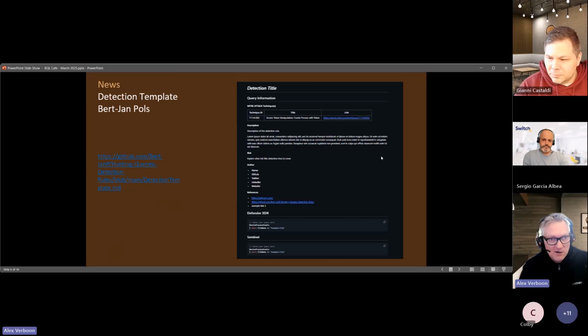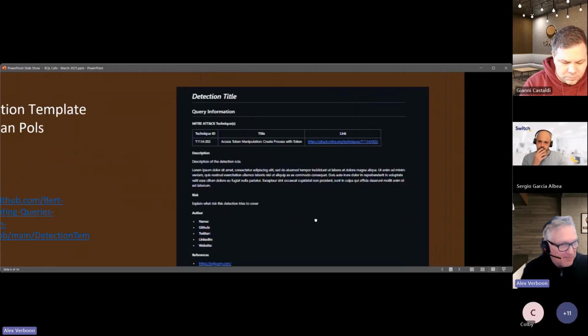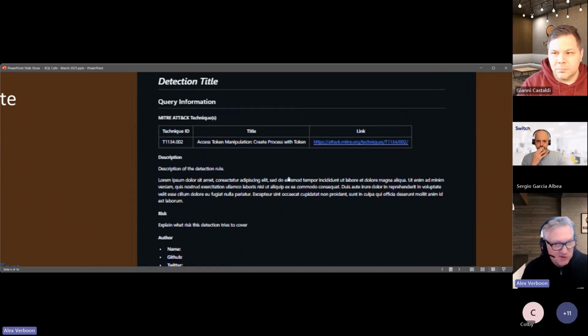So if you are thinking of starting to create, or if currently you have your KQL queries in a non-structured form, here's a little reminder. Here's a cool KQL template. Basically, it's quite easy. You define the title. If it's a KQL query that's related to a specific security detection, you can link that with the MITRE ATT&CK. If not, I always use this section for not applicable.